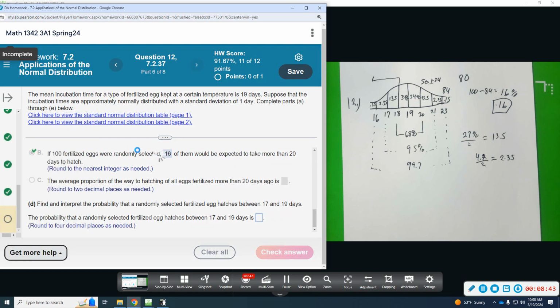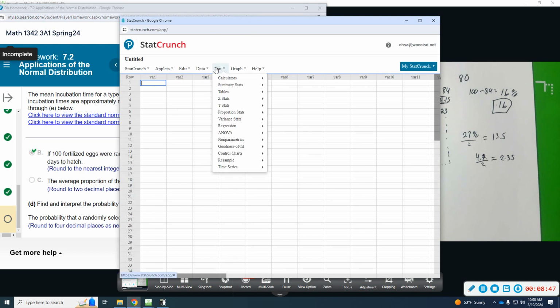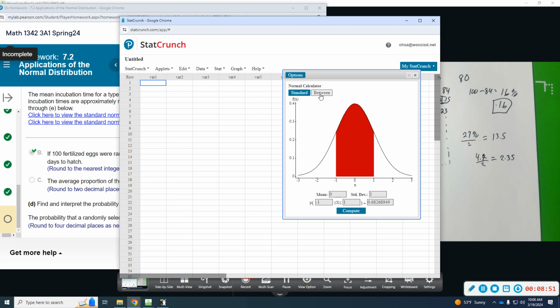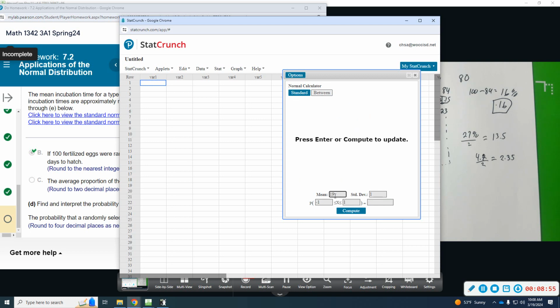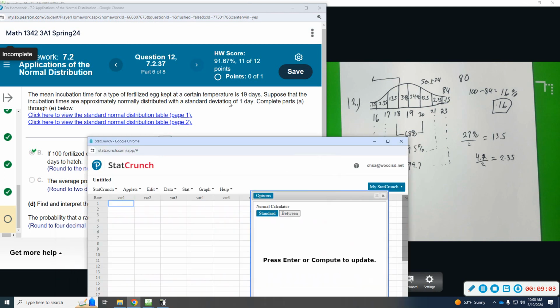You could also use StatCrunch. When you do between, it will find between for you, to show you the difference. Stat, calculators, normal, between, the mean was 19, standard deviation was 1, and we want between 17 and 19.